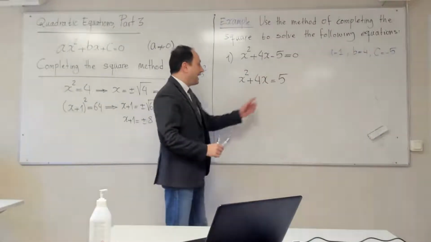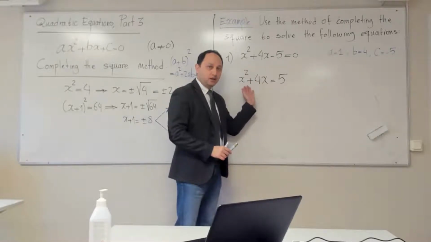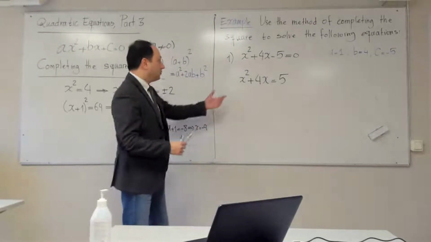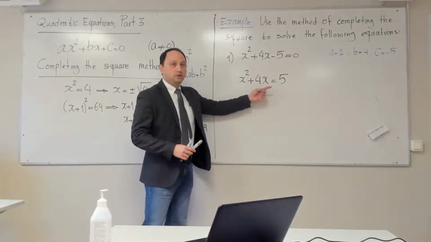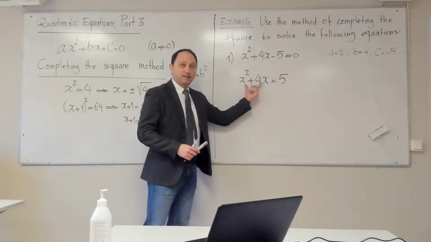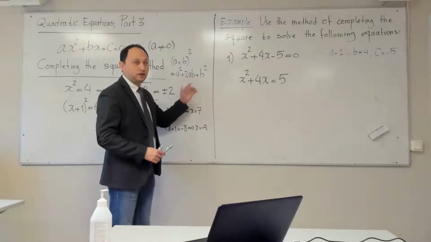I want to add something to the left-hand side so that the left-hand side becomes a complete square. I mean, by adding that number or expression to the left-hand side, I want to make the left-hand side follow the squaring pattern.